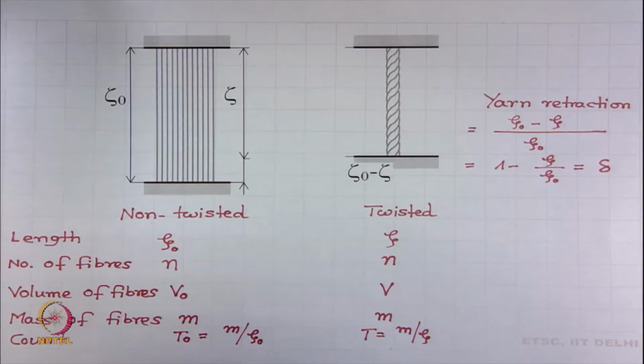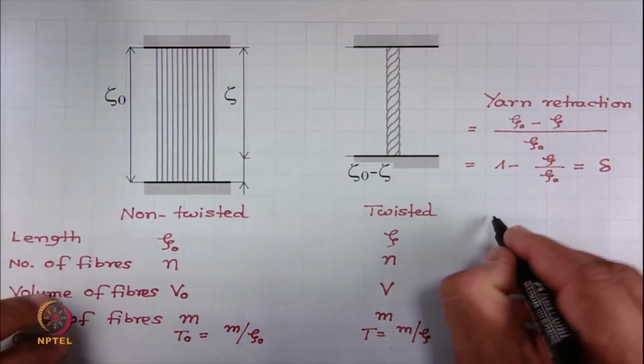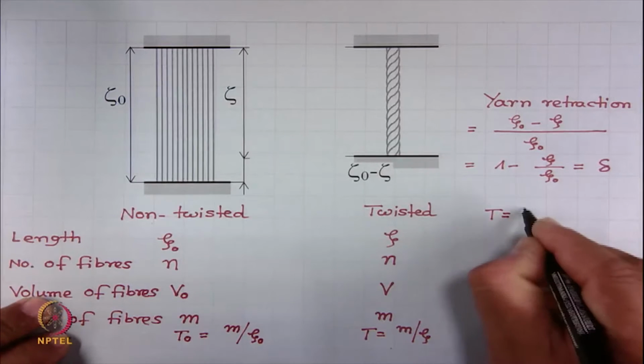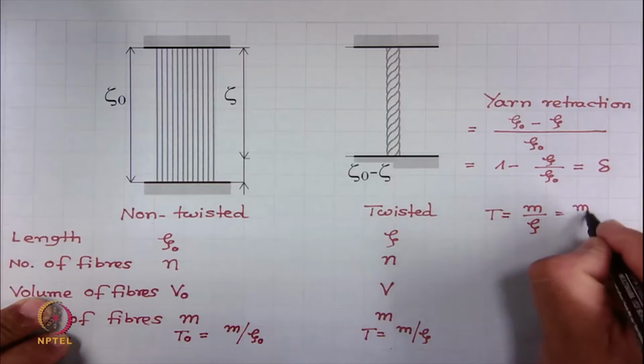Right. What is the relation between T naught and T? T is mass by length.